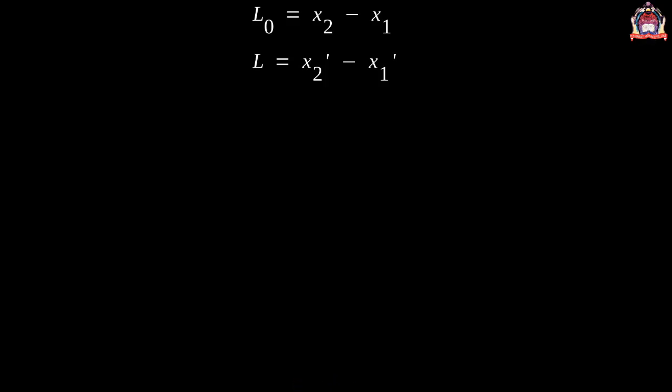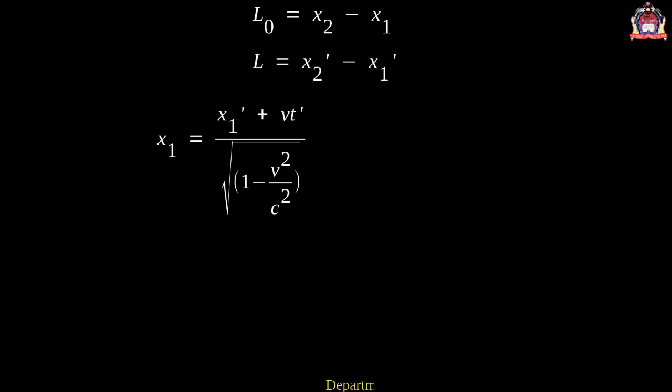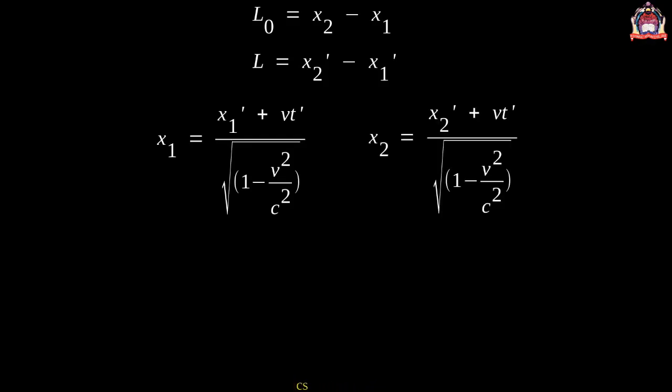Similarly for the coordinate x2, we write x2 = (x2 dash + vt dash) divided by the square root of 1 - v square by c square. Therefore, L0 = x2 - x1.